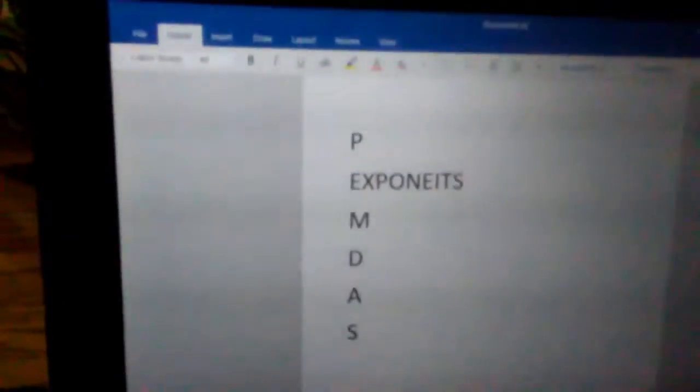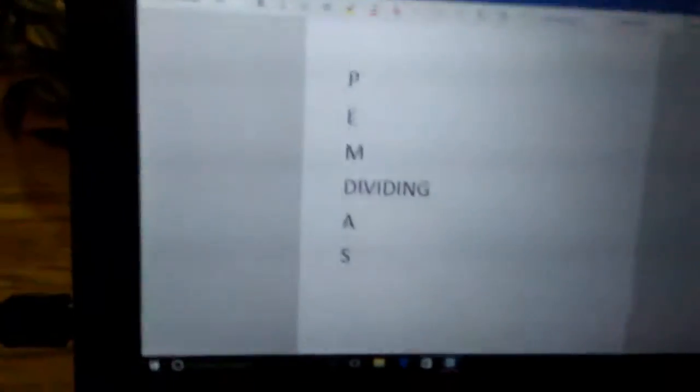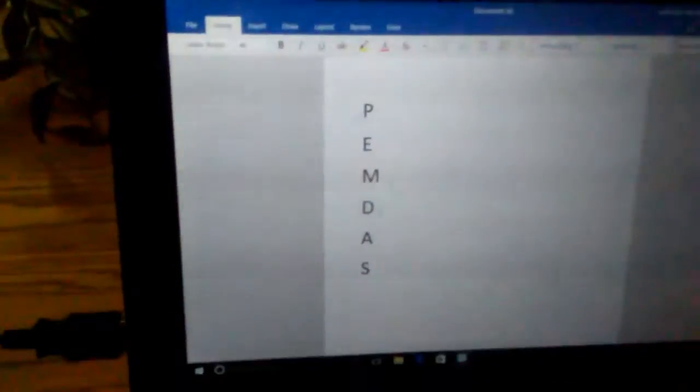And then we do adding. And then we did exponents. And then we did subtracting. And then we had dividing. We did everything except for multiplying. Well, that would be a lie. We did parentheses, 2 times 1k, but I think that fits in PM.